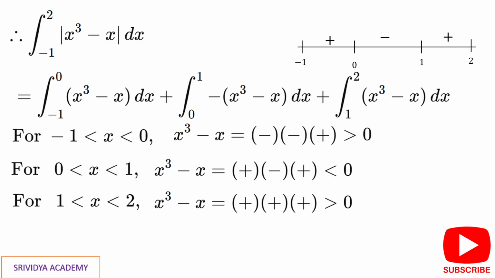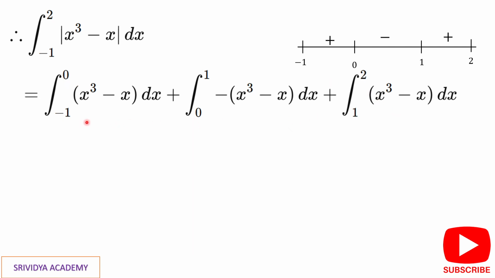In the third interval, from 1 to 2, it is again positive. Therefore, modulus of x cube minus x is x cube minus x. So we got the integral from minus 1 to 2 of modulus of x cube minus x as the integral from minus 1 to 0 of x cube minus x, plus the integral from 0 to 1 of minus of x cube minus x, plus the integral from 1 to 2 of x cube minus x.